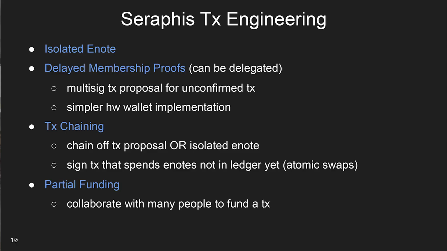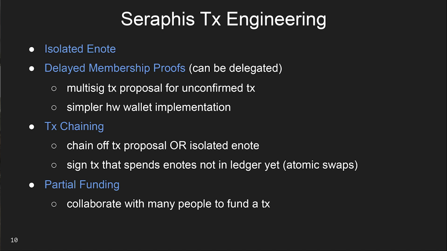So another thing you can do is delayed membership proofs. So you can specify the outputs of the transaction and prove ownership of those, and also specify the inputs and prove that the inputs fund the outputs, so they prove that you own them, without proving that the e-notes that you're spending are in the ledger.